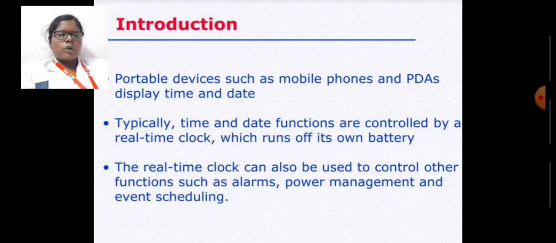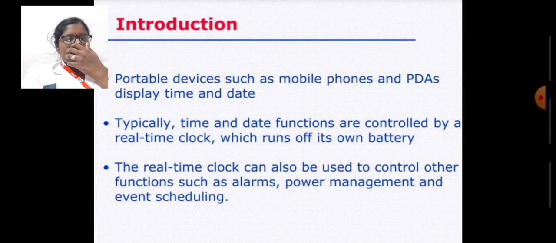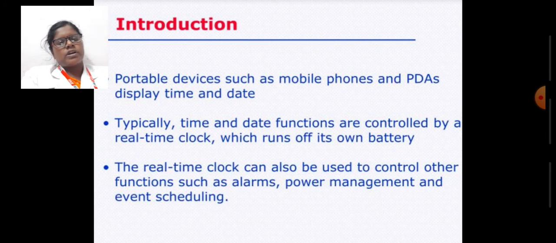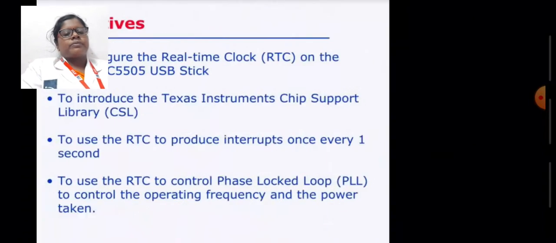The real-time clock can also be used to control other functions such as alarms, power management, and even scheduling. It is a timing device that once started never resets and is never reloaded with another value.